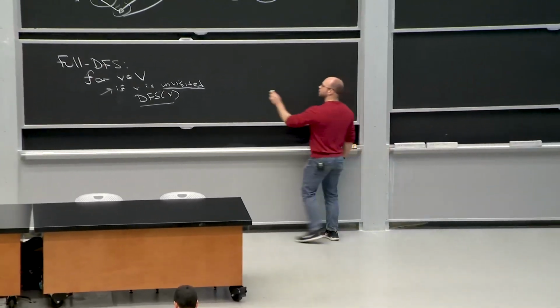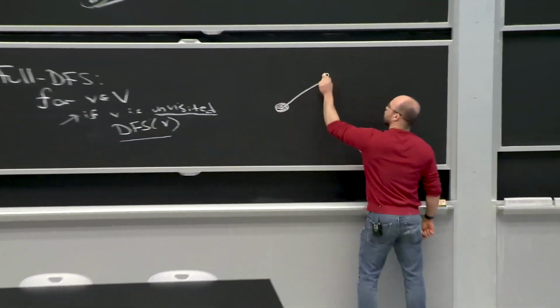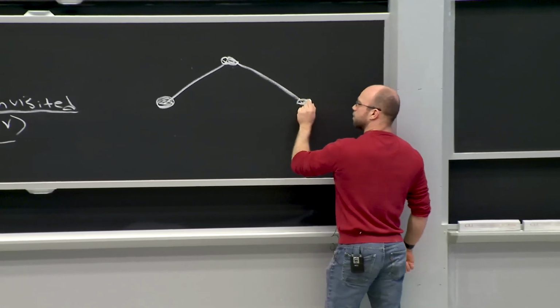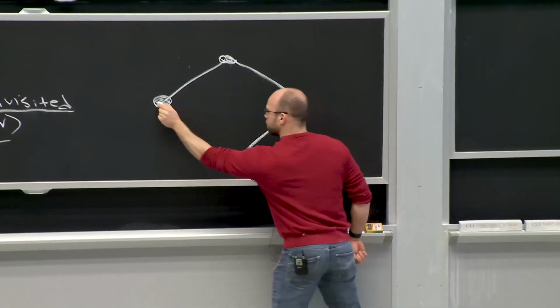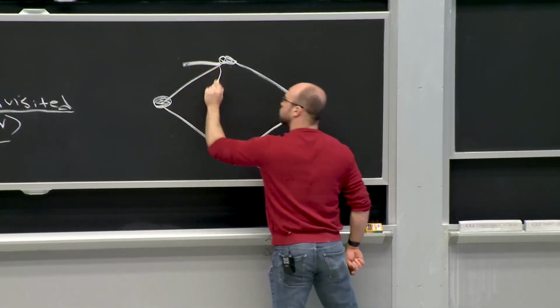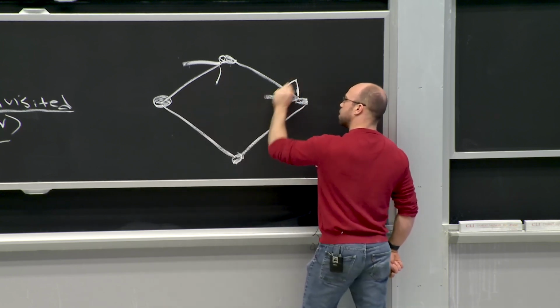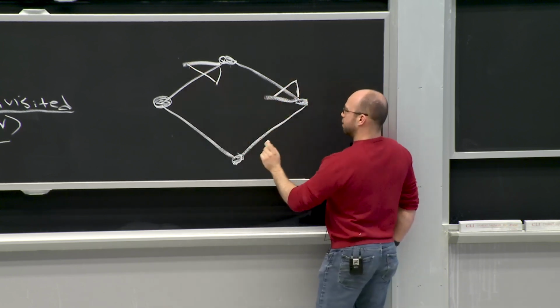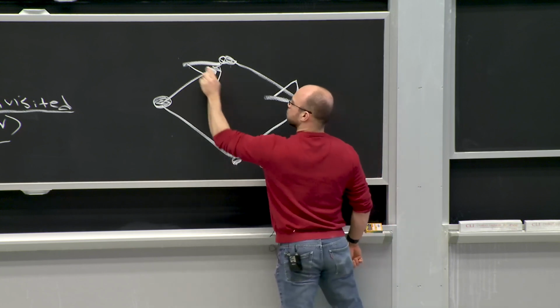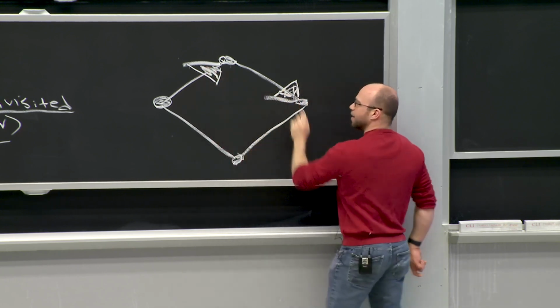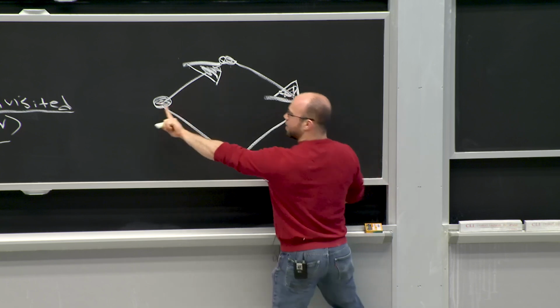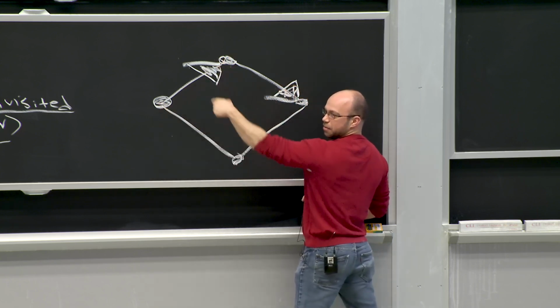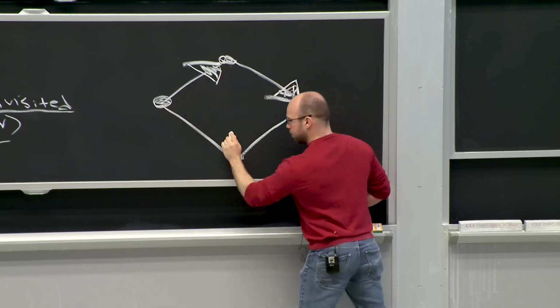So actually, the graph I gave you all the way at the beginning of lecture, I think secretly was an example of one of these. So let's say that I have directed edges. Maybe if I make the head a triangle, that's a little easier to see. In any event, I'm going to have an edge up and an edge to the right, and similarly an edge down and an edge to the right.